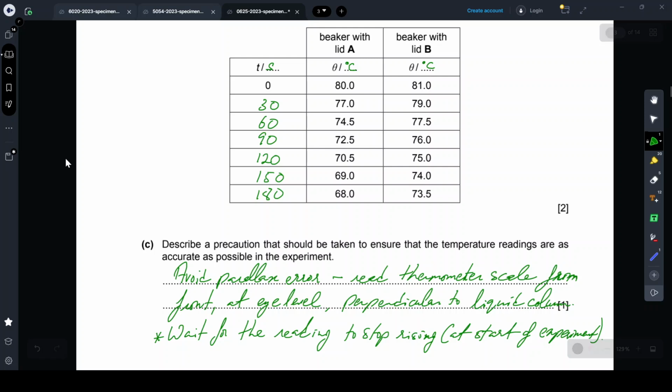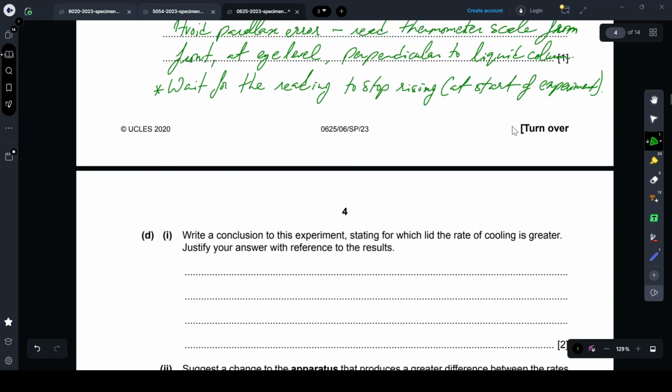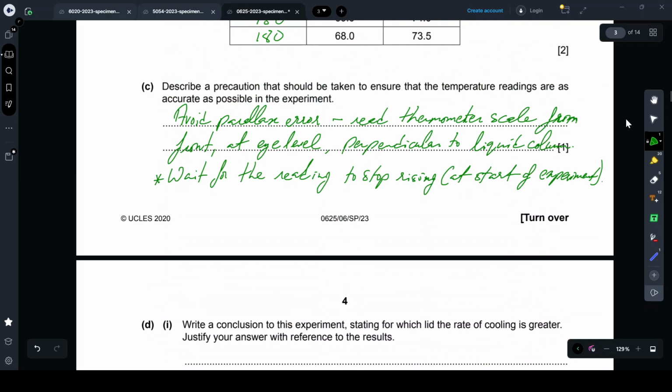When the experiment is starting, you wait and see that you're starting off with a stable temperature, and then you start timing. Because for example, when you're starting off and you see it's 80 and then you start timing it, and after 30 seconds it's 80.3, how did it go up? Obviously that's going to mess with your results. So you wait for the temperature to become stable before starting your timing. So that's another thing you could have said. But if you write avoid parallax, you have to write it with the explanation of how to do it, so that you don't lose the mark.